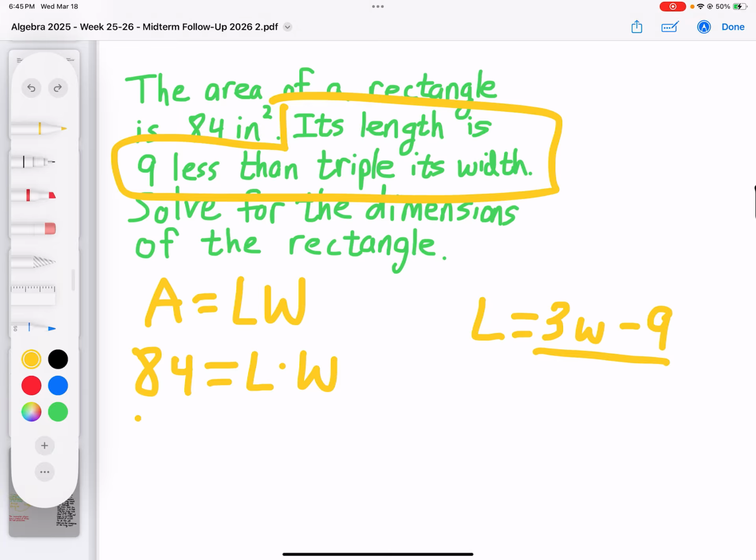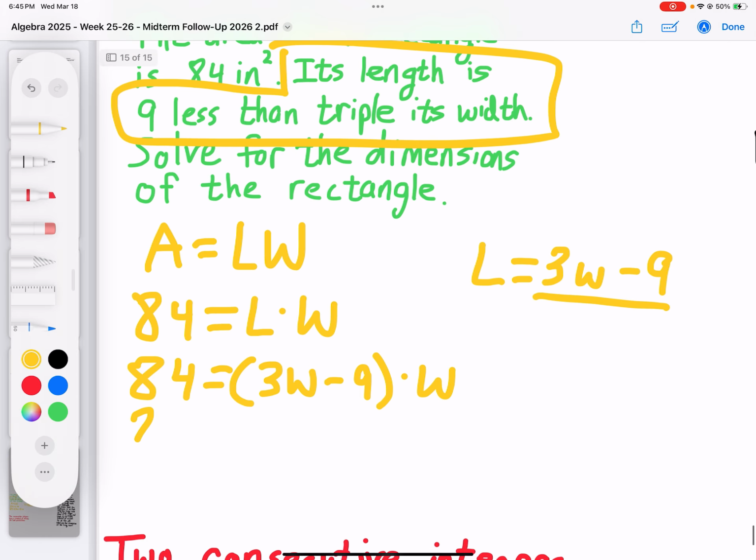That gets us here, 84 equals 3w minus 9 times w, which gets us 84 equals 3w squared, because 3w times another w is now 2 w's multiplied together, minus 9w.